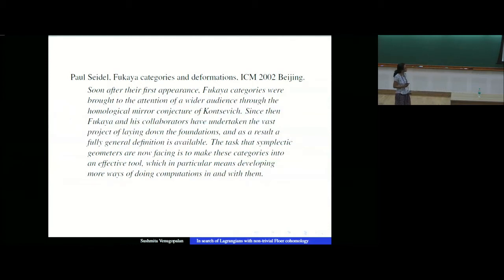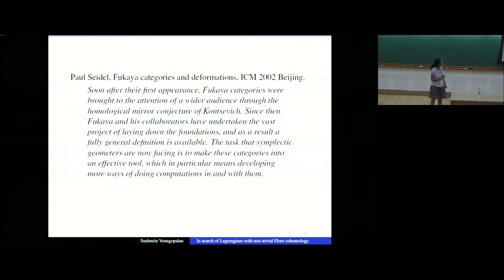Since then, Fukaya and his collaborators have undertaken the vast project of laying down the foundations. And as a result, a fully general definition is available. The task that symplectic geometers are now facing is to make these categories into an effective tool, which in particular means developing more ways of doing computations in and with them.